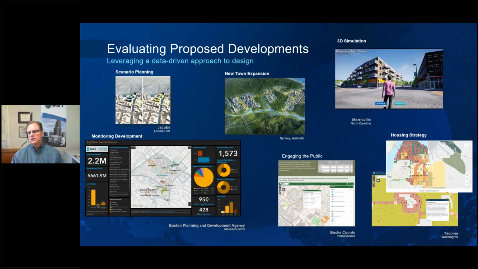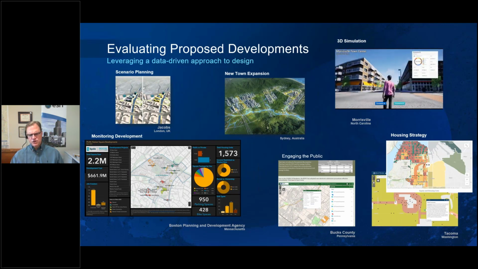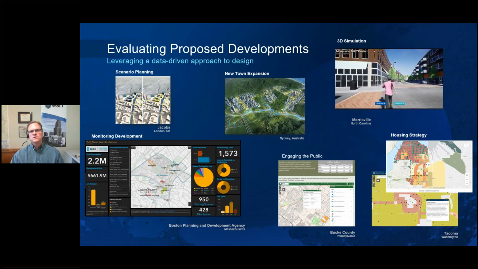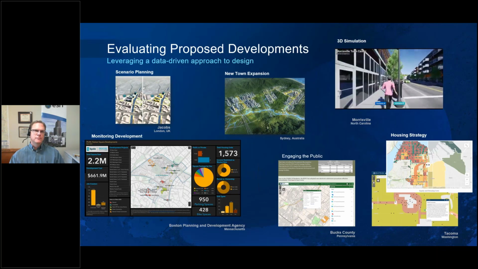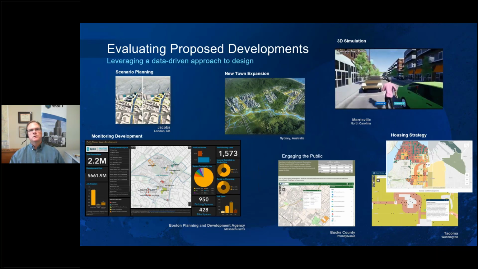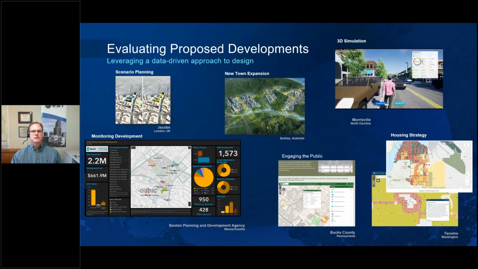In the bottom right-hand corner, Tacoma, Washington, we found a story about this recently, about how they're using GIS to create a housing strategy and be able to get public input about where affordable housing is most needed, so that the public can not only see the 2 different plans, but provide feedback on it as well.